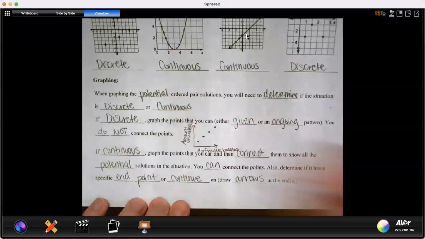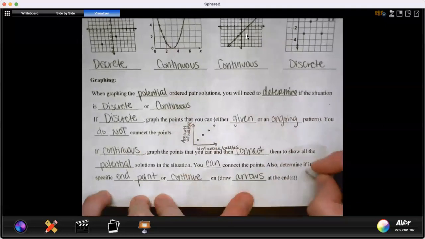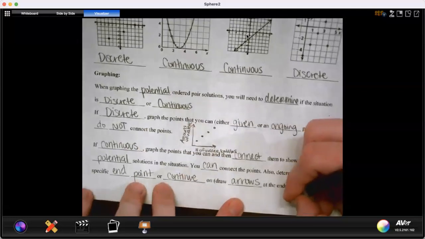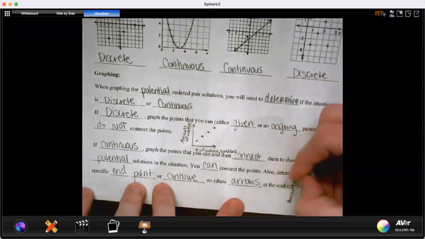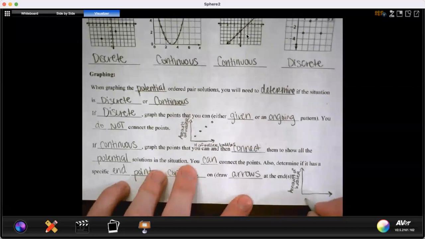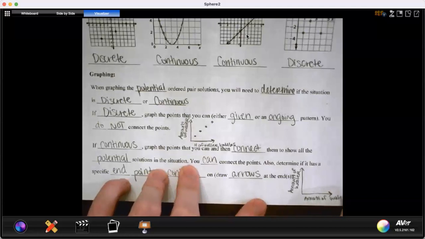Whereas continuous, let's say, again, I'm measuring the amount of water. But in this case, let's say I'm getting amount of water from a sink. Okay.